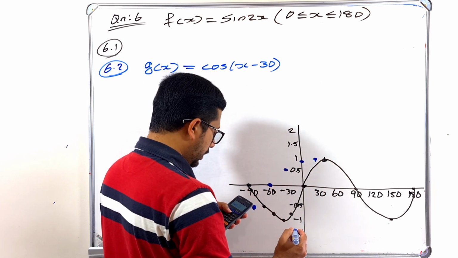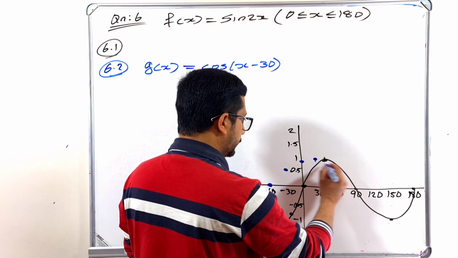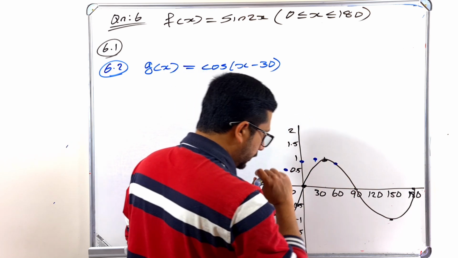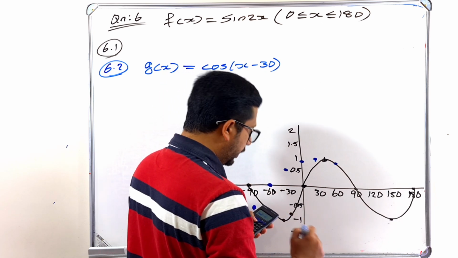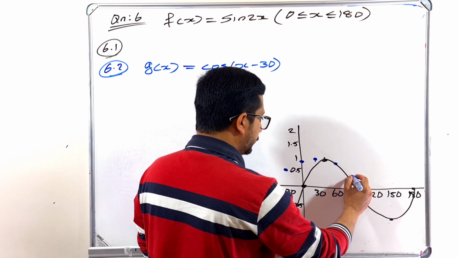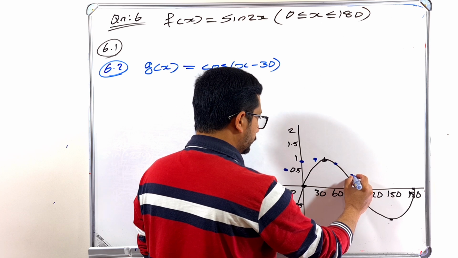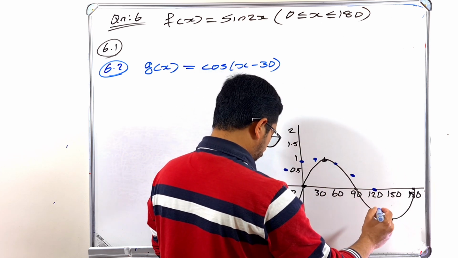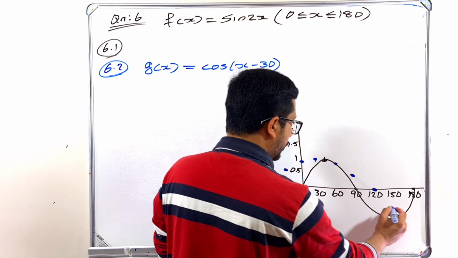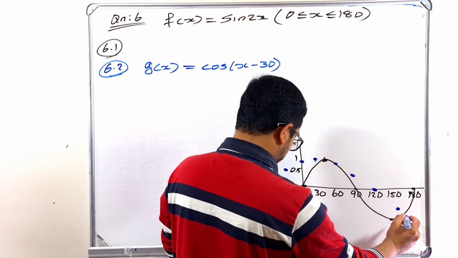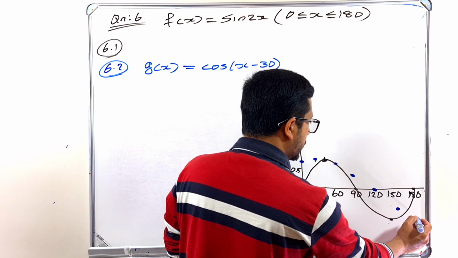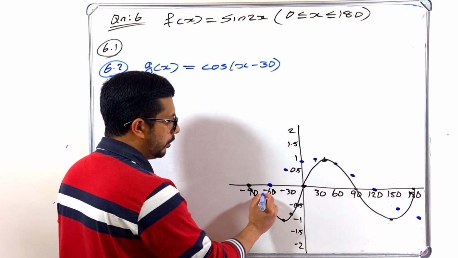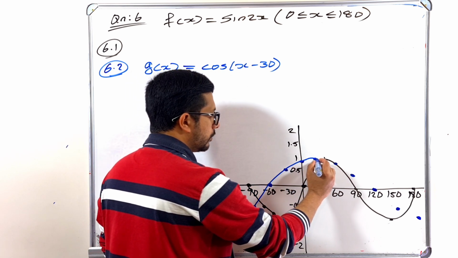Then 60, 0.86. Then 90, 0.5. Then 120, 0. 150, minus 0.5. 180, minus 0.86. Now after you mark all those points, you just connect them.